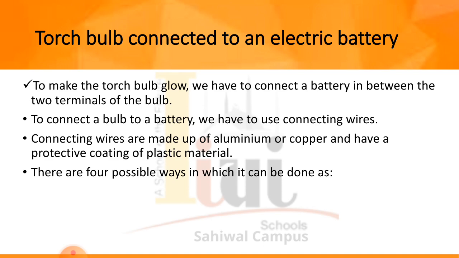The positive terminal is connected to the metallic tip of the bulb and the negative terminal is connected to the metallic base of the bulb, and these wires should be naked at their tips so that they can be connected with each other.